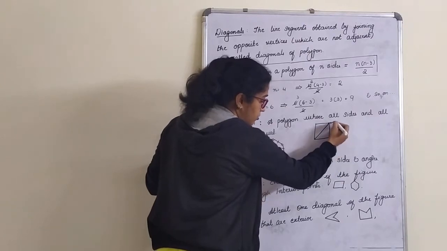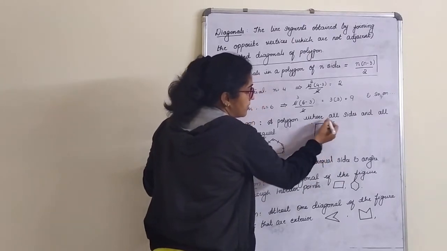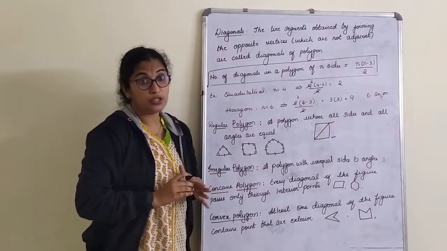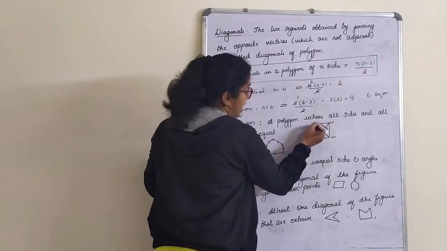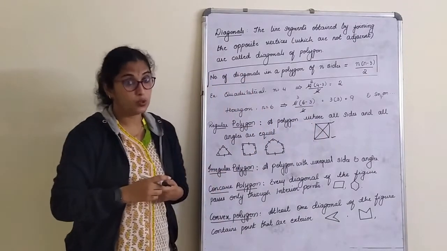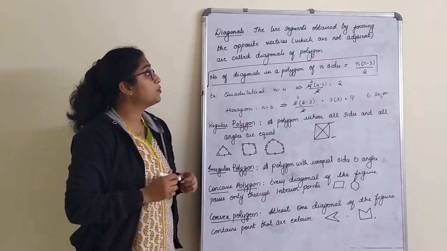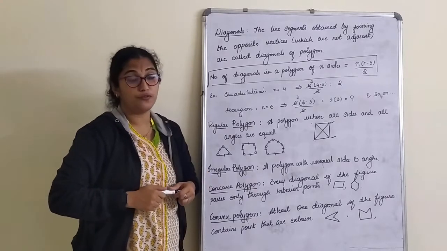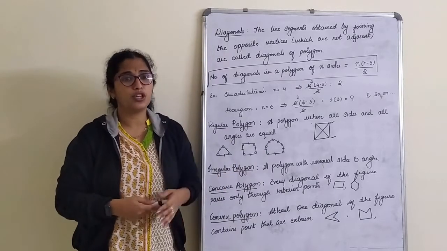This is adjacent to this, this is adjacent to this, and so on. So they should not be adjacent, they have to be opposite vertices. That means I can have 2 diagonals in a quadrilateral. Since it is a quadrilateral, it is very simple, you can draw and check.